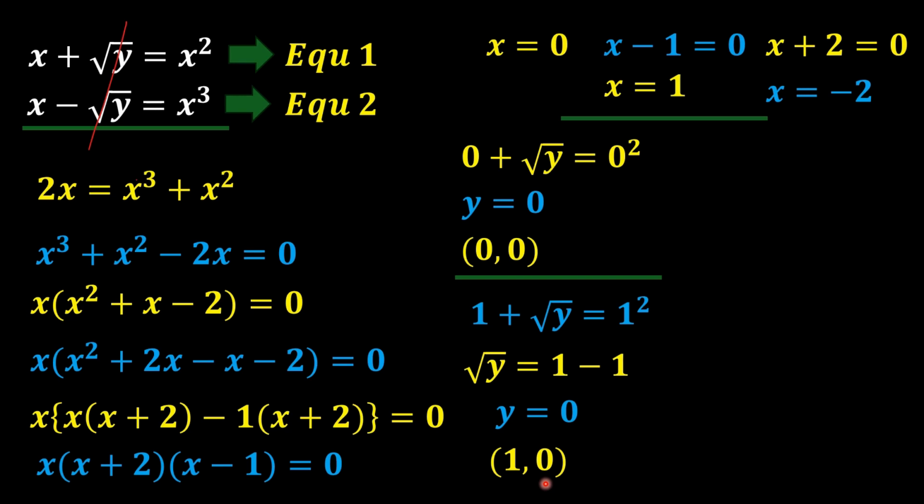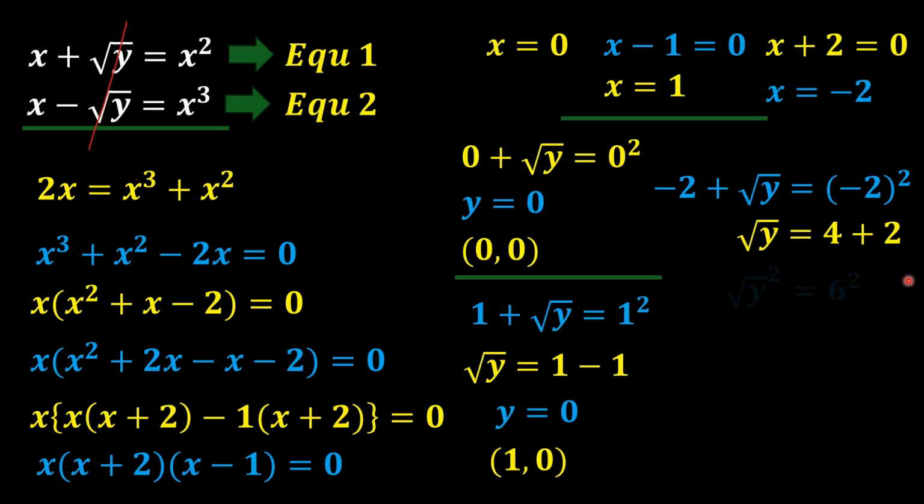Now in the next step, we should insert x is equal to minus 2 inside equation 1 at the place of x. As a result, we should get minus 2 plus under root y equal to minus 2 square. Now in the next step, minus 2 square will convert into 4 after squaring, and this minus 2 will go to the other side of the equation and convert into plus 2.